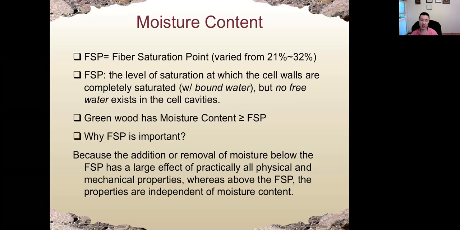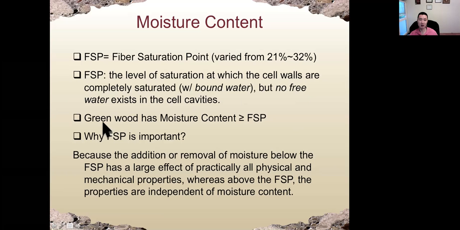To help you remember, this is similar to the SSD condition of aggregate in concrete. SSD is the saturated surface dry condition. For FSP, all the wood cells are saturated with bound water, but there's no free water.